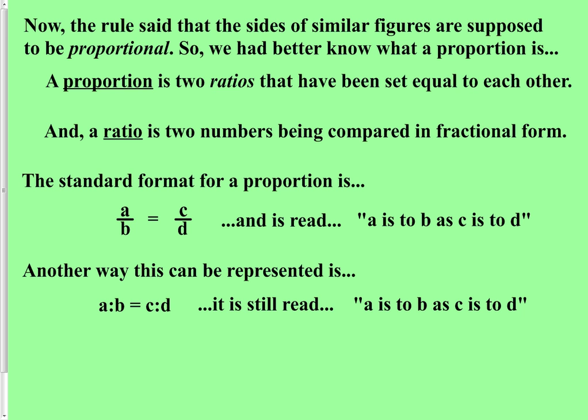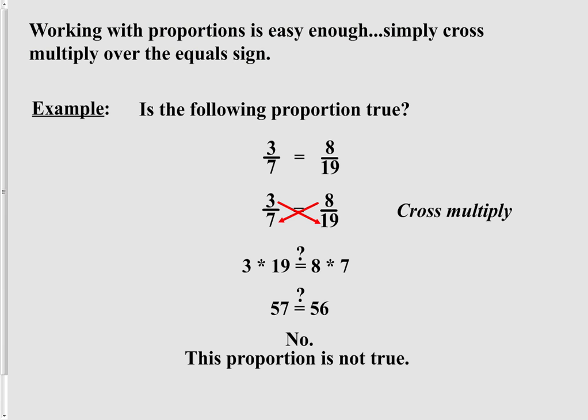A is to B as C is to D. Typically, we like the fractional format a little bit better because we are getting ready to cross multiply. So if you happen to run into a proportion that is in ratio format, you might consider rewriting it into the fractional format so that you can cross multiply over your equal sign.